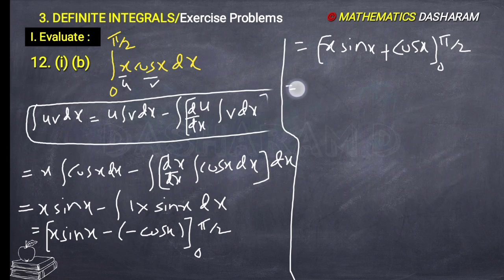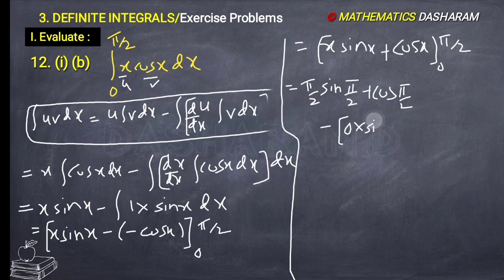Now substitute the limits. First the upper limit, pi by 2 into sin pi by 2 plus cos pi by 2, minus, substitute the lower limit, 0 into sin 0 plus cos 0.